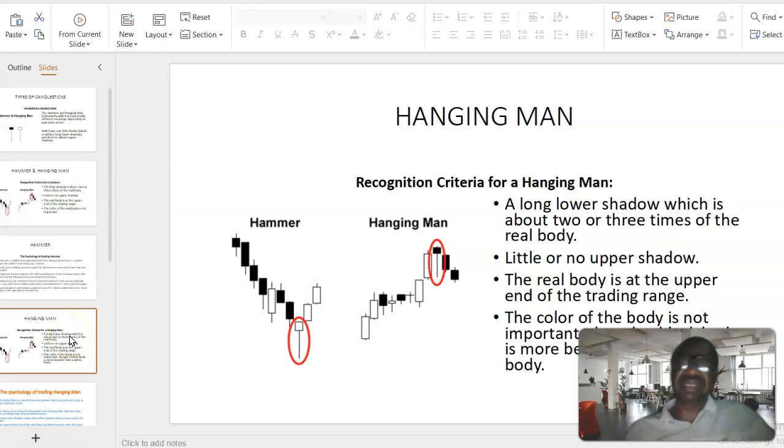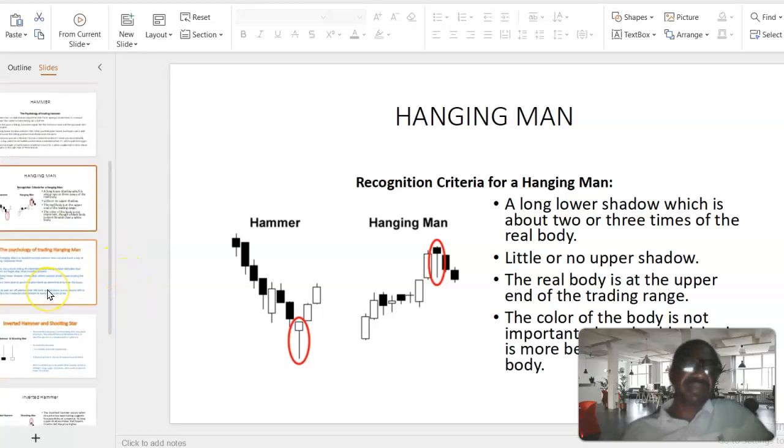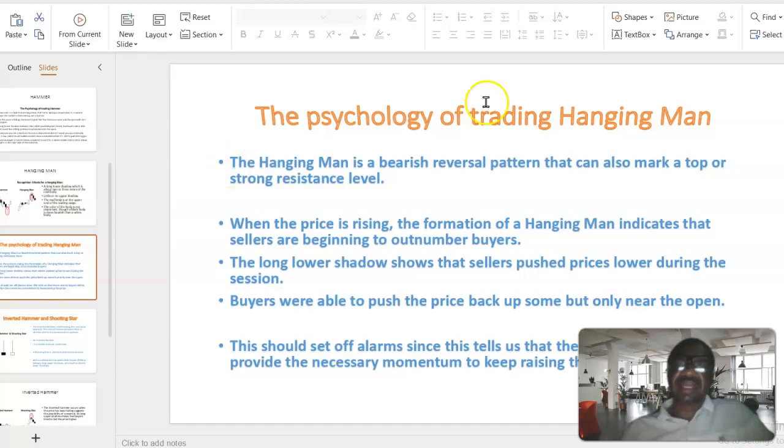The next one is the hanging man, which is identified the same way, so let me not repeat. The psychology of trading the hanging man: it is a bearish reversal pattern that can also mark a top or a strong resistance level.